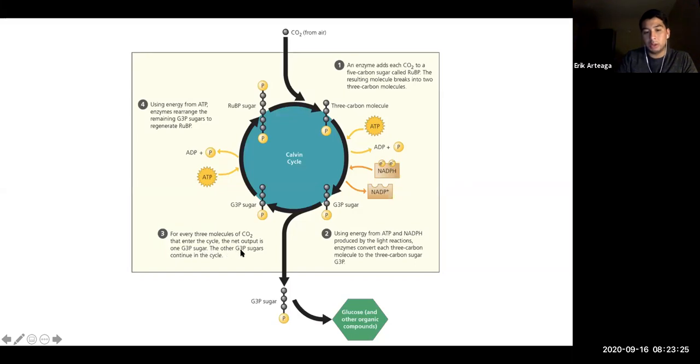The other G3P sugars continue in the cycle. Using energy from ATP, enzymes rearrange the remaining G3P sugars to regenerate RuBP, and then Rubisco, again, is that enzyme that adds the carbon molecule to RuBP. So again, 2 turns gives you 1 glucose in this Calvin cycle.